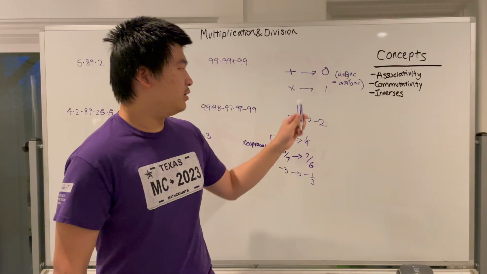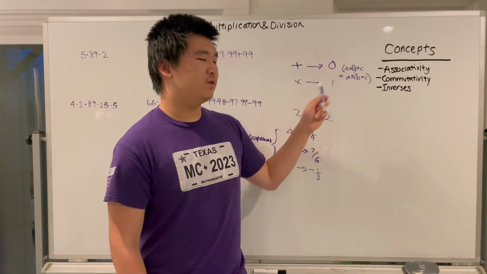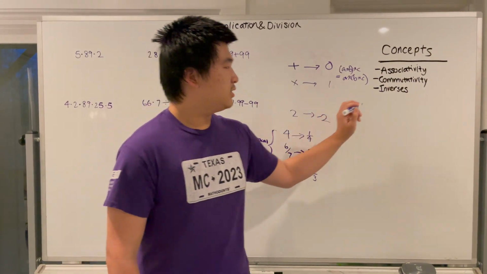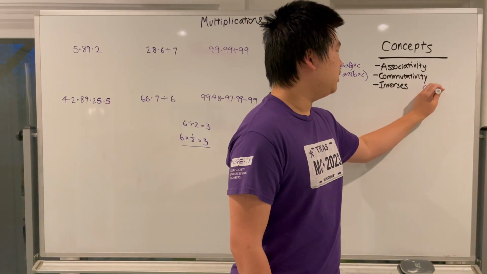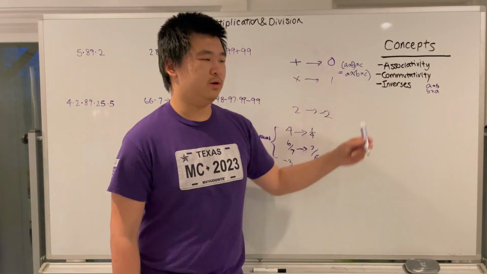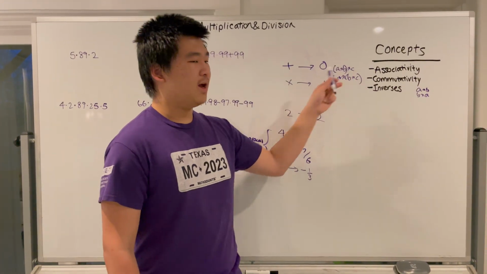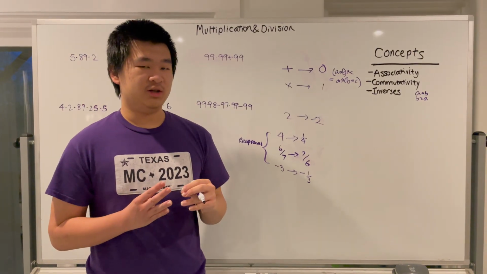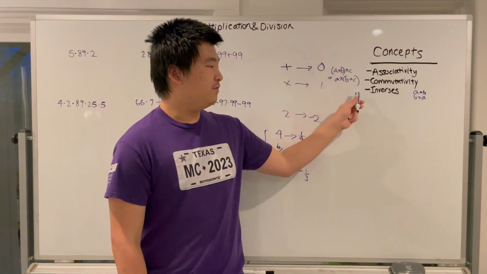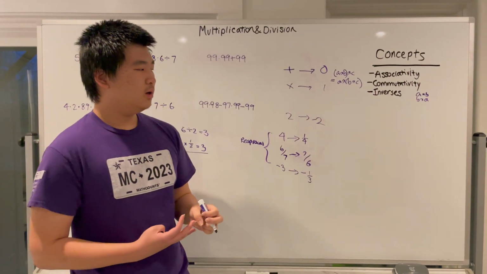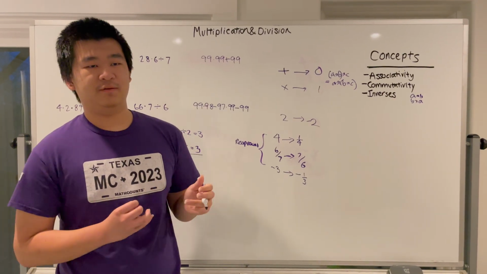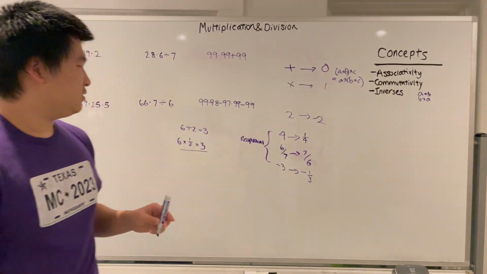So it's essentially saying you could multiply this first or you can multiply this first and they're going to get you the same answer. Now the commutative property is A times B equals B times A. It's just saying you can multiply the two numbers in whatever order you want. And so these two together say that you can reorder multiplication however you want. And when we combine it with this, which says that division is actually just multiplication, these say you can reorder multiplication and division in whatever order you want.